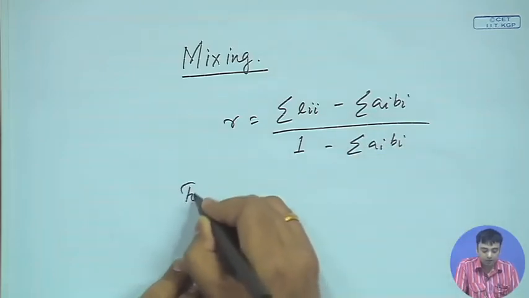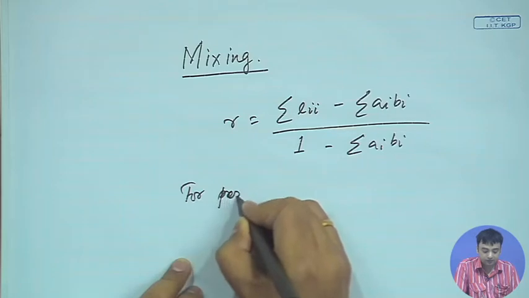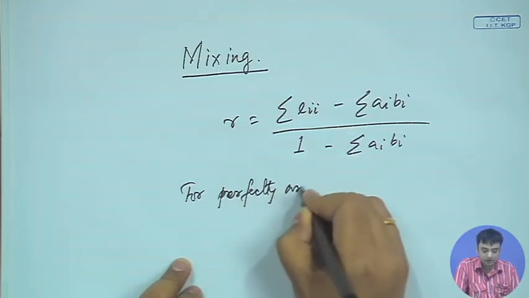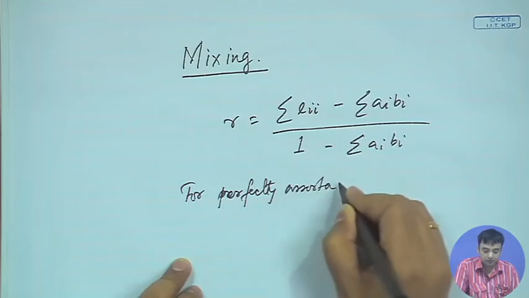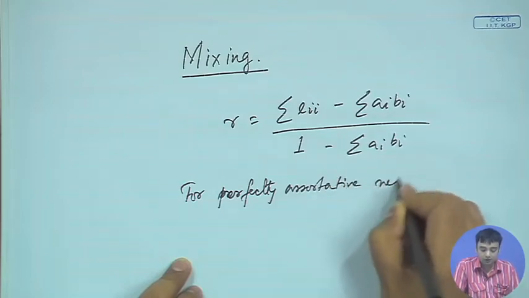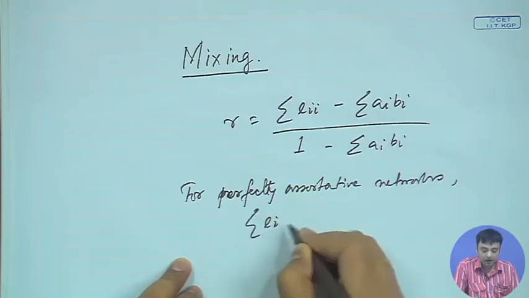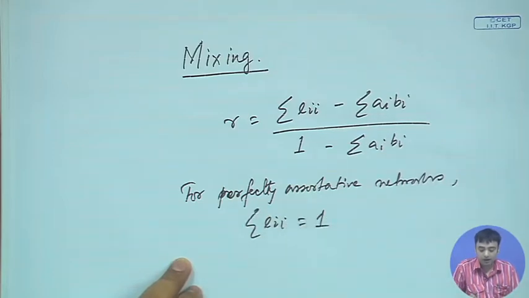Now for perfectly assortative networks, sum of e_ii will be equal to 1, as we said.